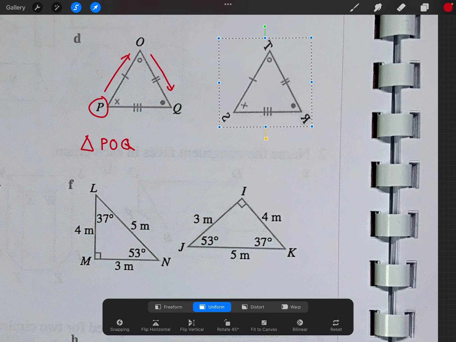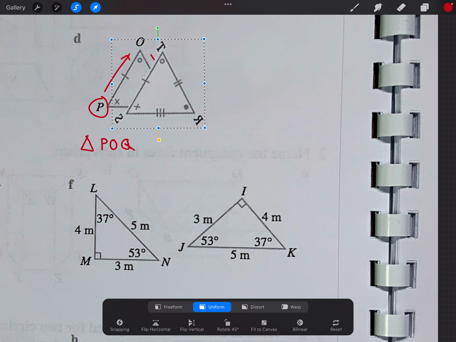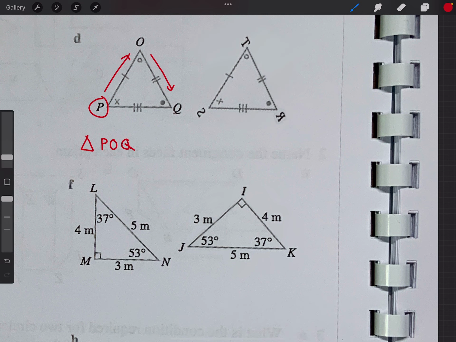So now it looks the same, and I can tell it's the same because the angles are in the correct order, in the correct places, and the lengths are also in the correct place. So if I move it, I'll make my life a lot easier and say, okay, well that's just triangle STR. Just from looking at it, I go S, T, and R, just like the way I wrote the first triangle.